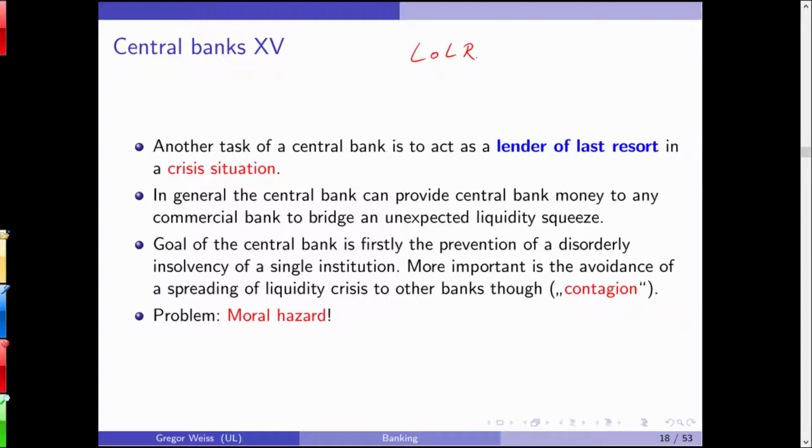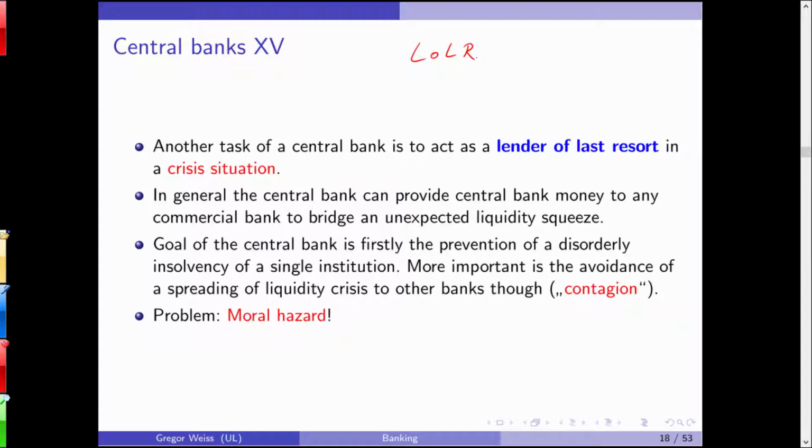Now, to prevent this, the central bank can decide to bail out a single institution to guarantee the stability of the financial system. And this is what is called a bailout, and the central bank will act as a lender of last resort.